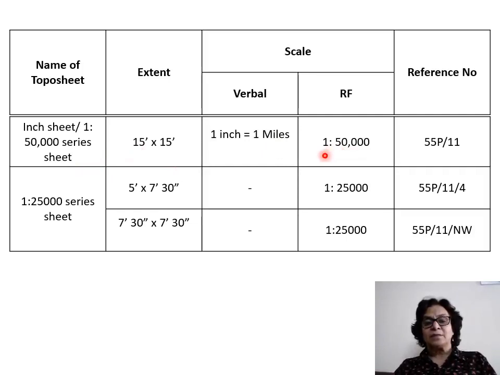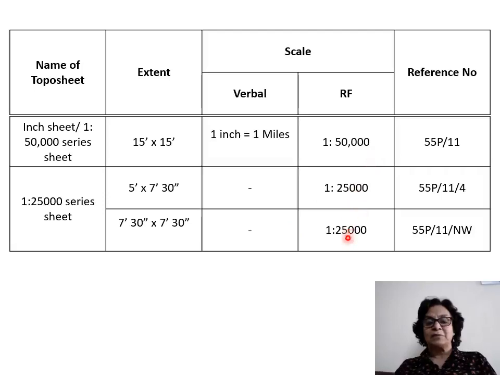In the metric system, it is known as the 1:50,000 series maps, and the reference number is 55P/11. In the British system, they are called the 1-inch map, where the scale is 1 inch is to 1 mile. Now, these are subdivided into two parts, 5 minutes by 7 minutes 30 seconds, and 7 minutes 30 seconds by 7 minutes 30 seconds, that is 7.5 and 7.5.